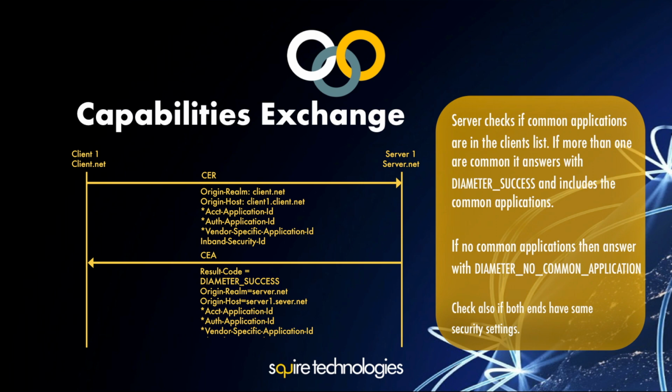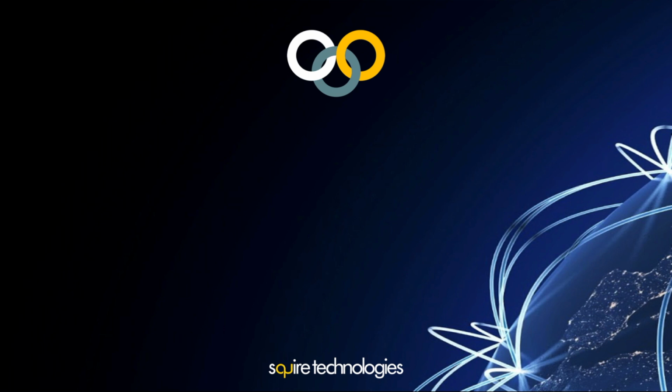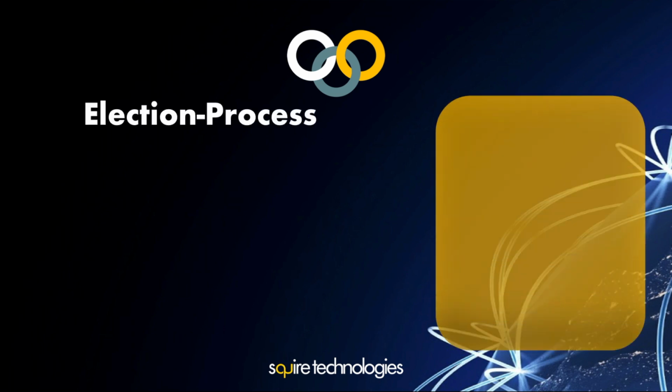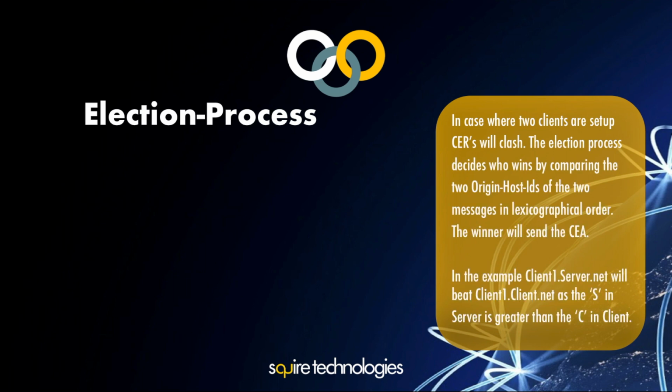Okay, so to be fair, that is the connection message to get your peer finite state machine to in service. So they also have within the base a concept of election process. Sometimes, especially when you're connecting up DEAs, DRAs, you don't know whether you're the client end or the server, because there's no real concept of client and server, because you're not a true application client or a true application server.